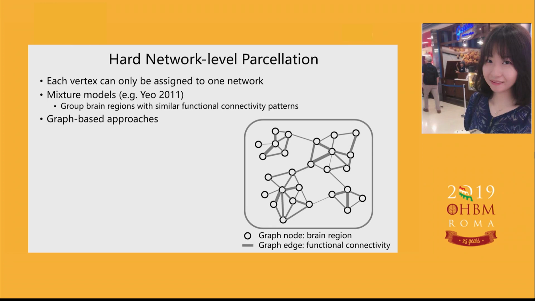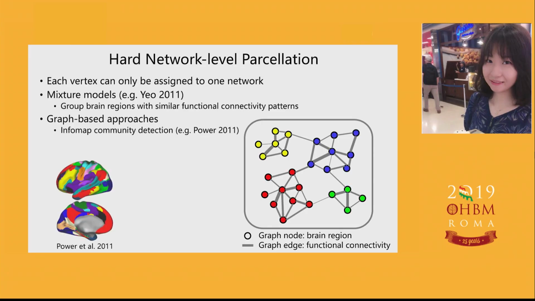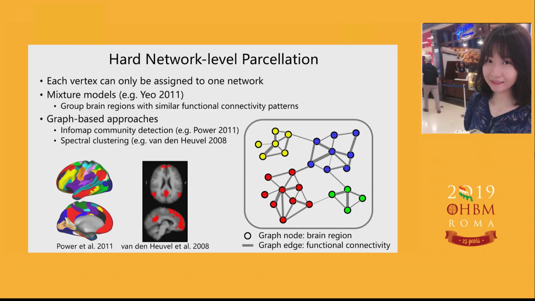In this plot, the thicker edges represent the stronger functional connectivity strength between two brain regions. By applying some community detection approach, such as Infomap or spectral clustering, we can group the graph nodes into different networks. In this plot, the different colors represent different networks.